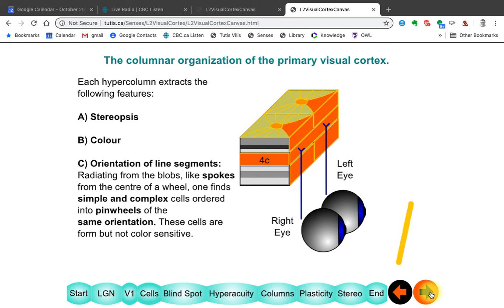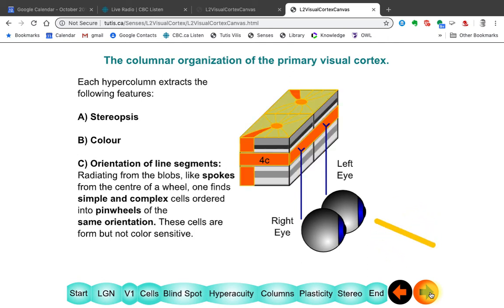And then around this center, these blobs, we have like pinwheels. We have little wedges. And within each wedge, you have these simple cells that have a very similar orientation.